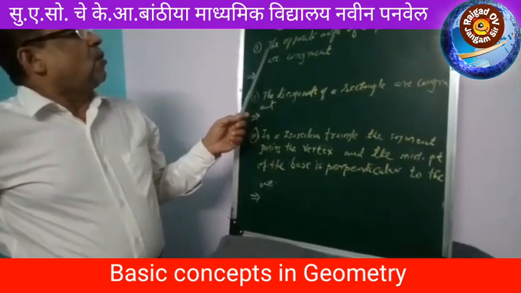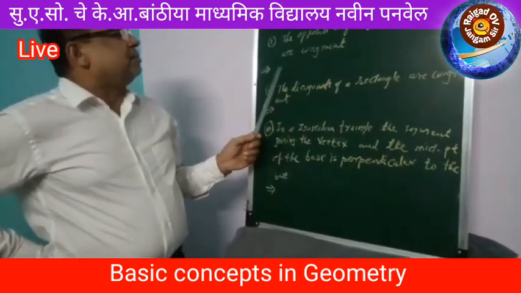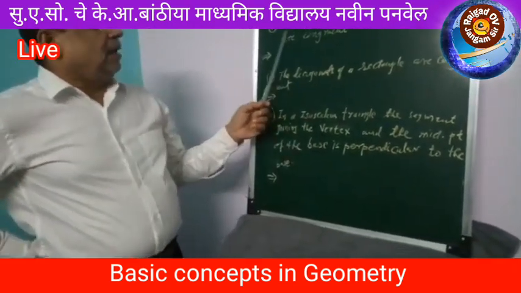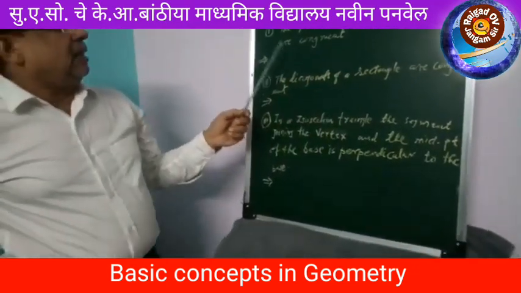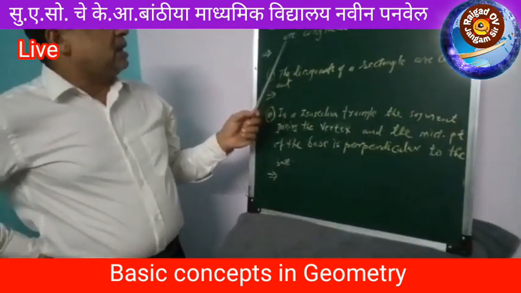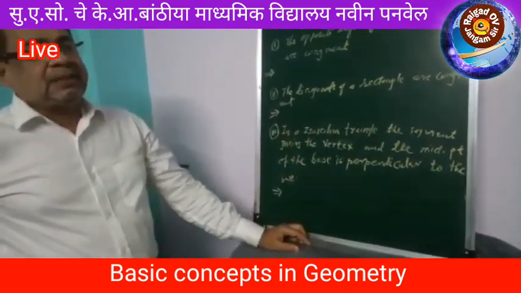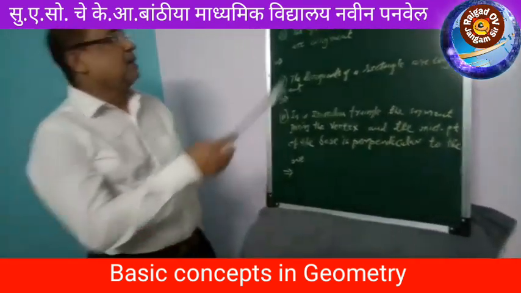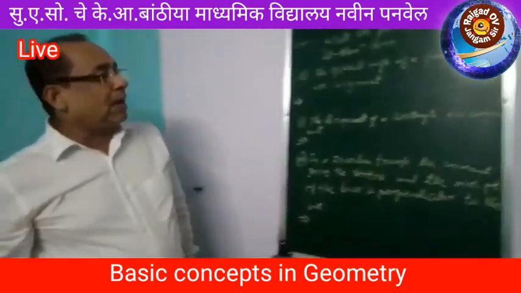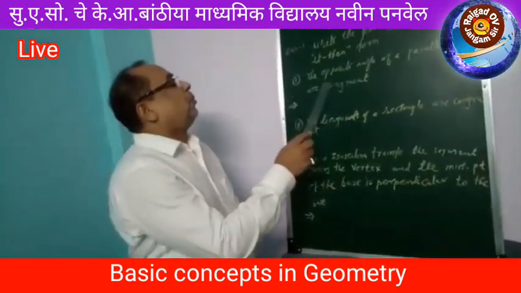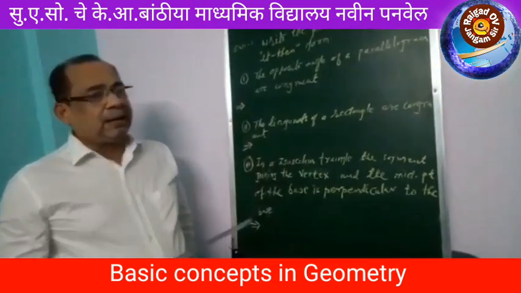If the quadrilateral is a parallelogram, then the opposite angles are congruent. This is the answer.